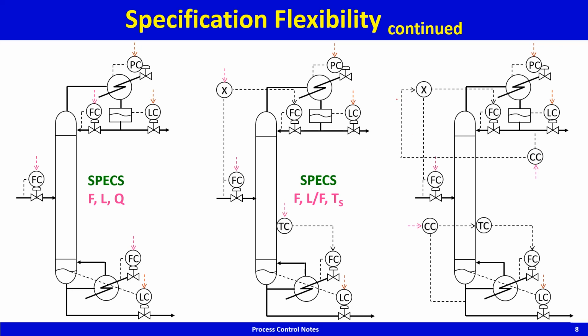Okay, so in this case, X distillate and X bottoms and feed. These are the specs. So as you can see, what you specify, implicit in what you specify, is a control system.